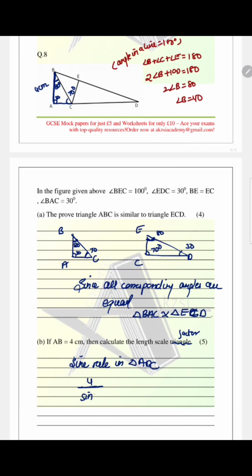So sine of 70 degrees is equal to, we are calculating BC, so BC over the angle opposite to BC, which is clearly 30 degrees. So this is going to be sine of angle 30. From here BC is equal to 4 times sine 30 degrees over sine 70 degrees.